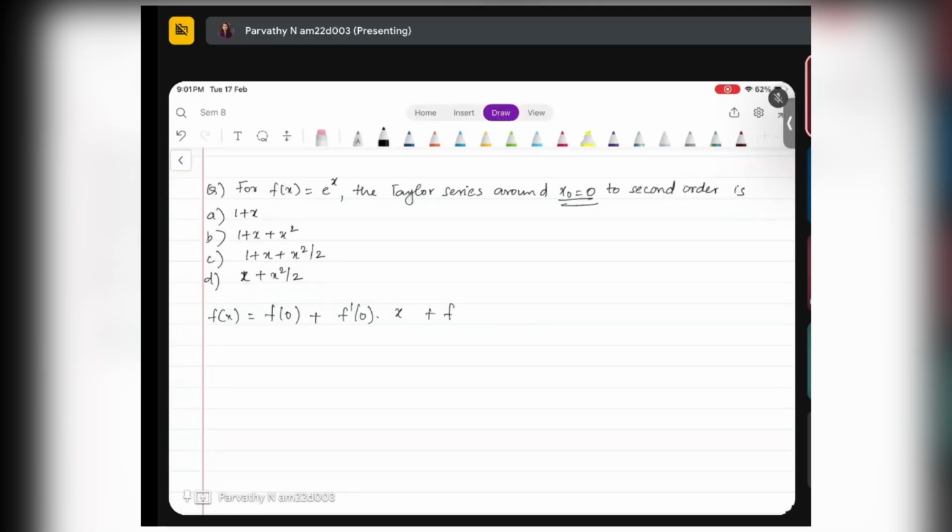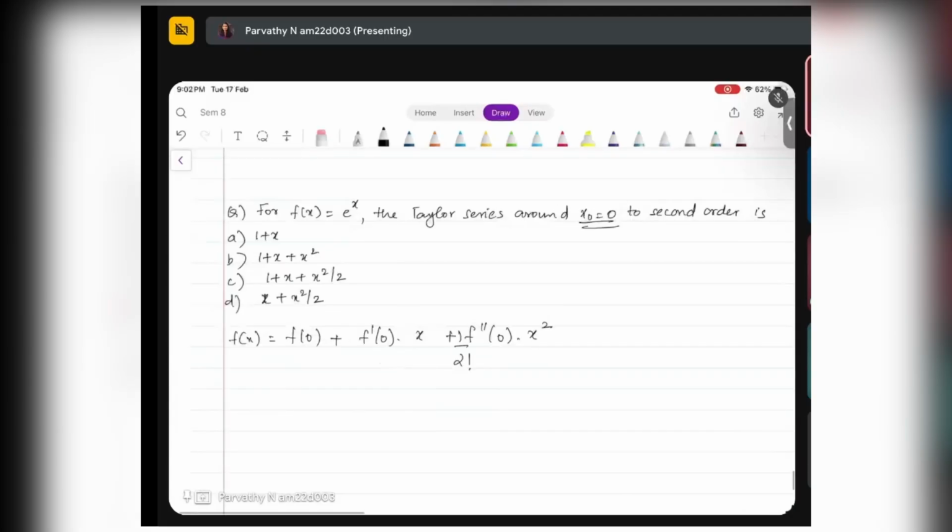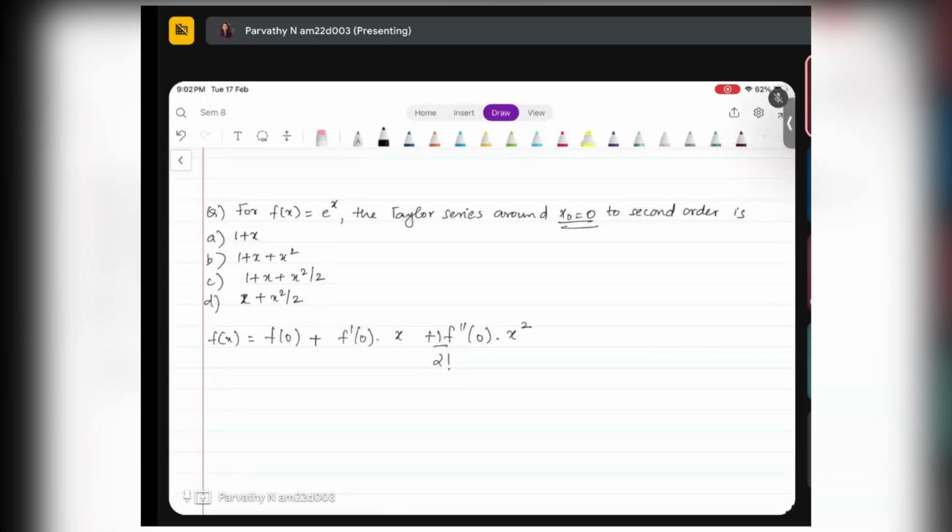Plus 1 by 2 factorial into f double dash of 0 into x square. Up to second order is what is mentioned. And f of 0 is e raised to 0, and that is 1.